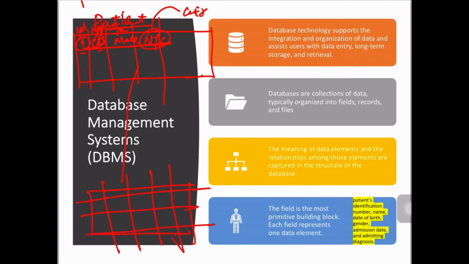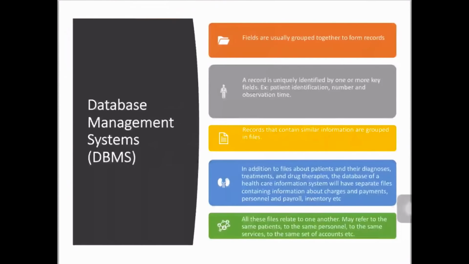On top of the columns, we have the identification of the columns, and then we have some data elements in the table. Some examples are listed here. Now, the word fields. So basically, there are several concepts over here.